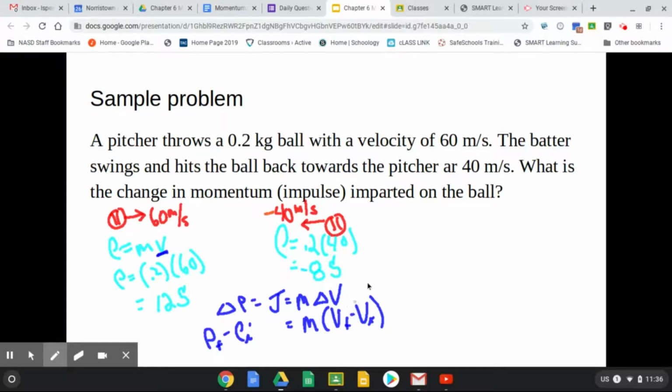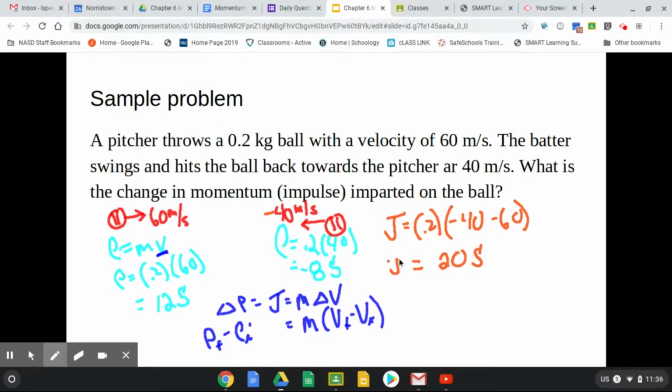So if I'm going to use this formula, the impulse imparted is going to be 0.2 times a negative 40 meters per second minus an initial 60 meters per second. So 0.2 times 100 is going to be a change of 20 spheres.